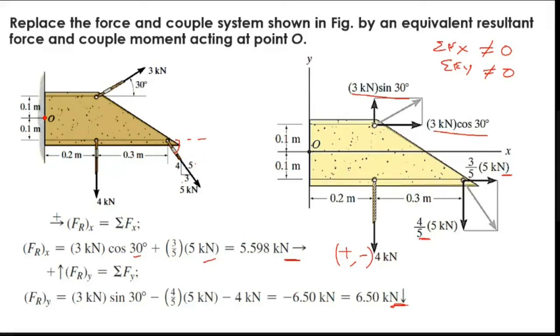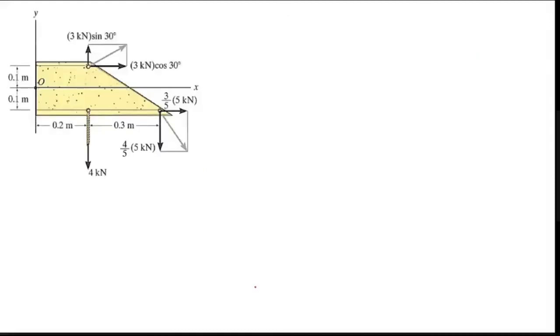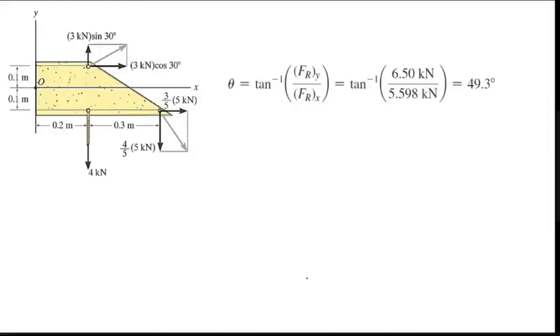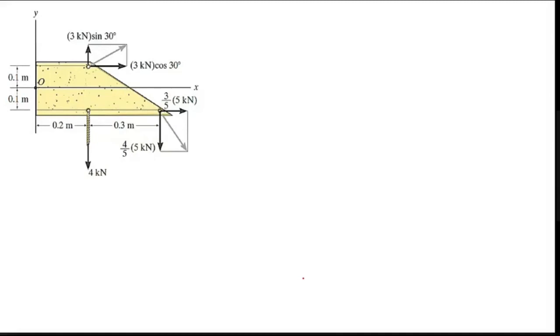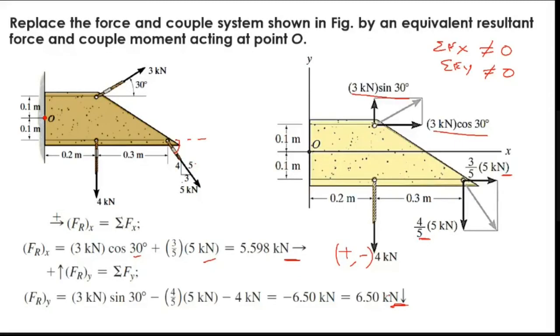You can identify from these things. Now I'm identifying the angle theta based on the resultant. One resultant force is like this, 5.59. The other is like this, 6.5 kilonewton.